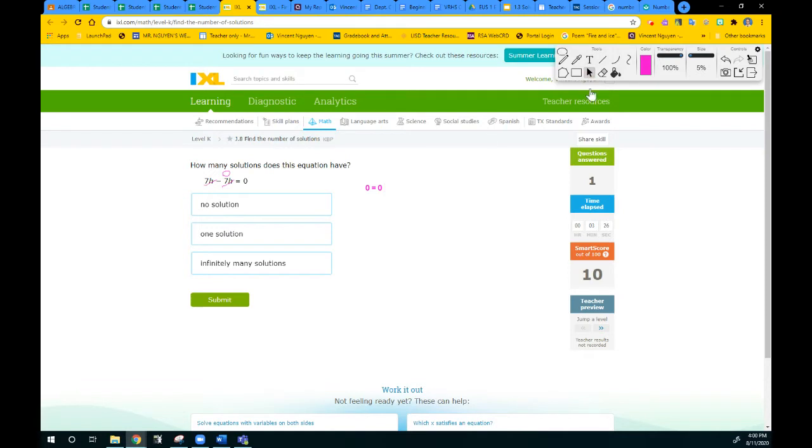If this is the case, then we call it an identity, because the left-hand side is exactly identical to the right-hand side. So this is the case where we have infinitely many solutions. So I'm going to submit there. Very cool.